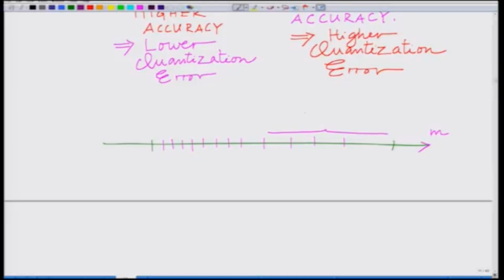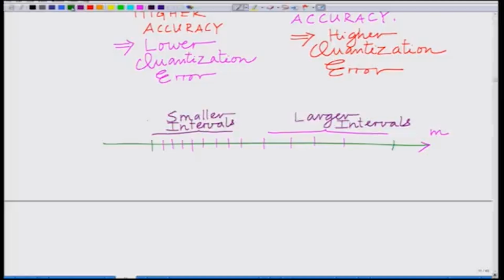These are the larger quantization intervals, and these are smaller intervals.